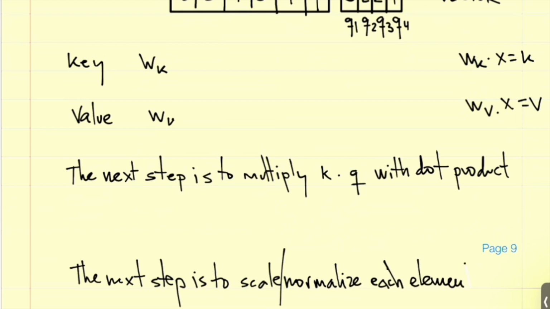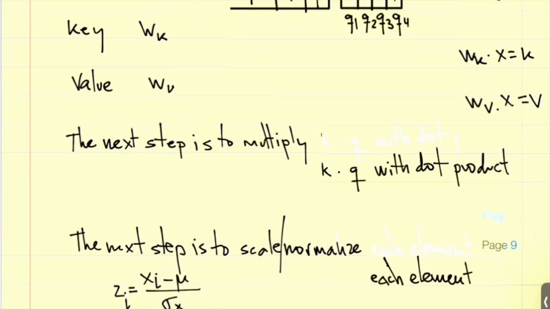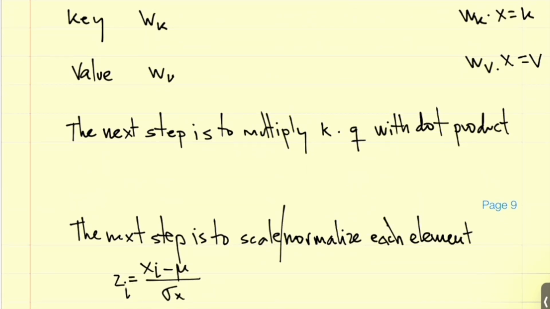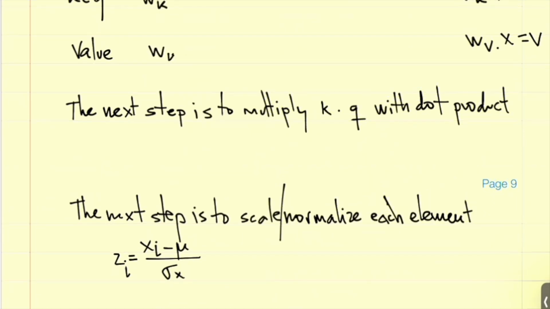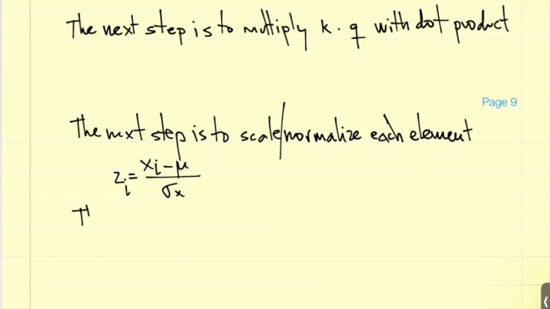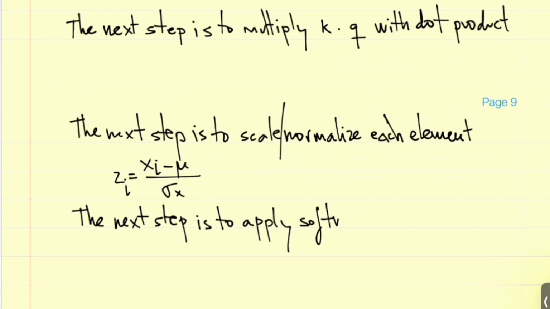Usually you do that by transforming the signal, minus the mean value divided by the standard deviation. And the next step is to apply softmax to get the prediction.